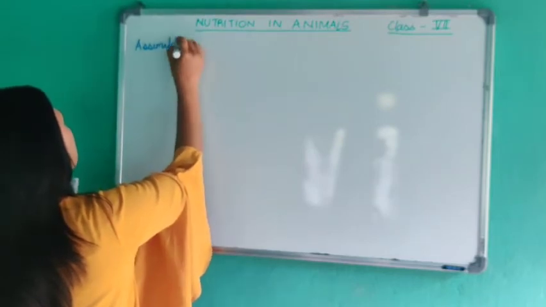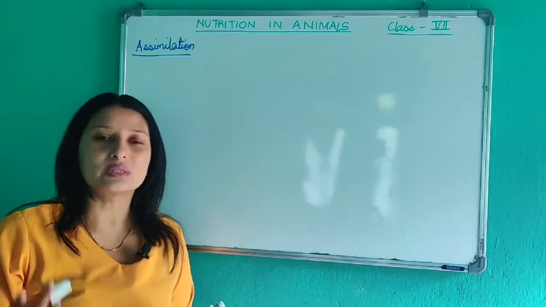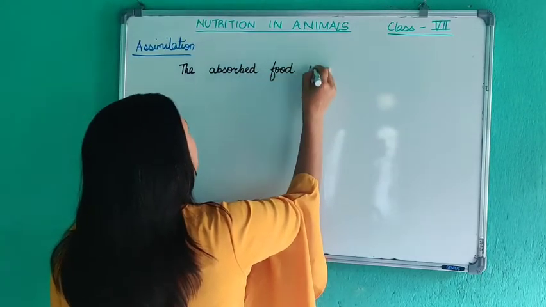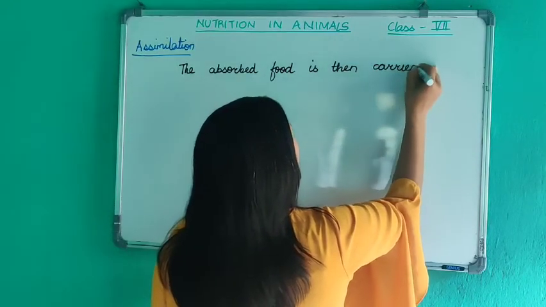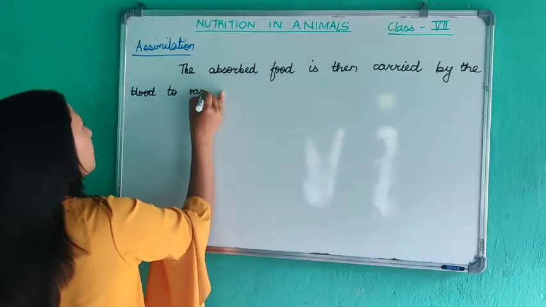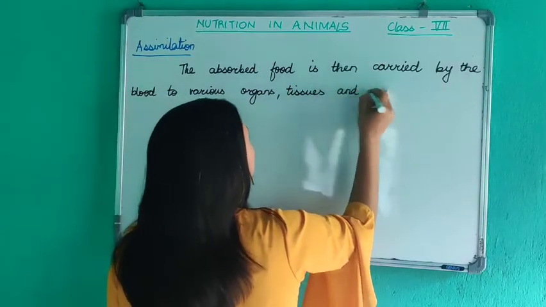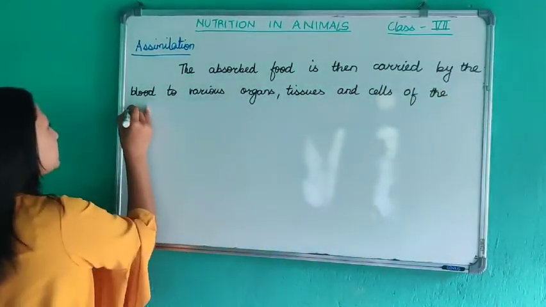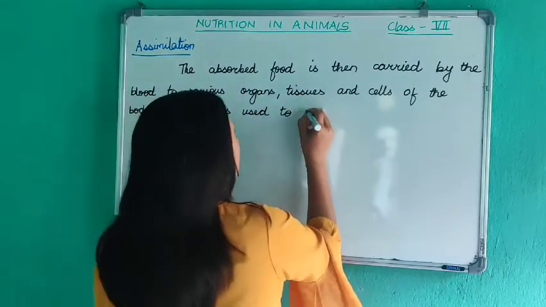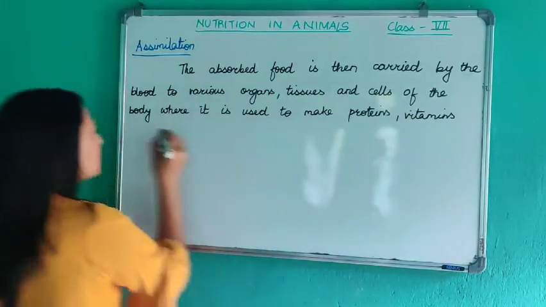After absorption, the food in the small intestine reaches the blood vessels. Inside the blood vessels, blood flows. So that blood takes the absorbed food. The absorbed food is then carried by the blood to various organs or various tissues and cells of the body, where it is used to make proteins, vitamins, etc. that are required by the body.